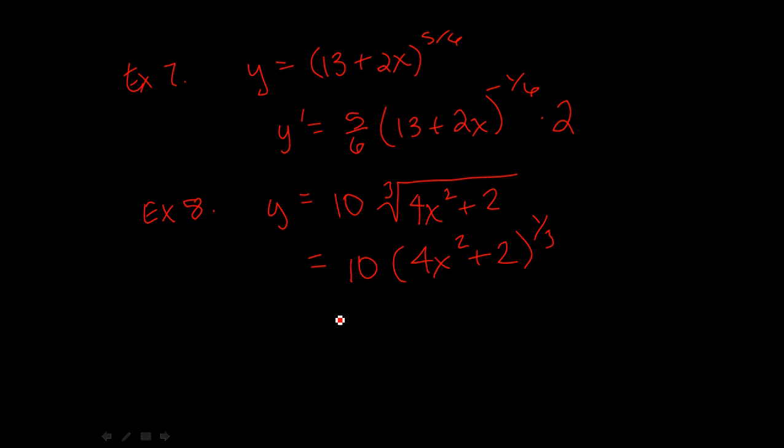That's a little easier to work with. So now the 1/3 comes out front. This 10 just stays there. Nothing happened to it. Keep the inside the same. Subtract 1 from this, which gives us negative 2/3. And then multiply by the derivative of the inside, which is 8x. So that would be your answer for something similar to example 8.